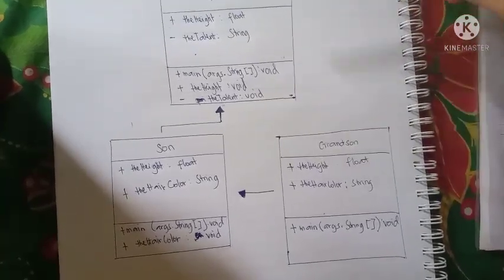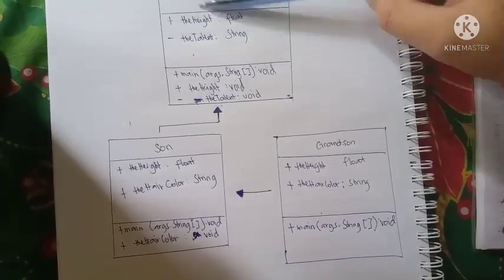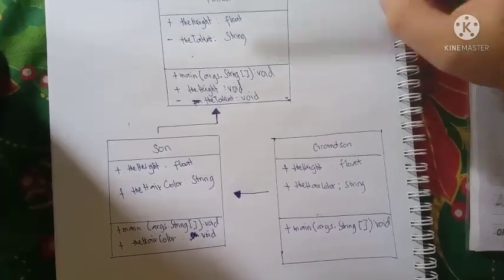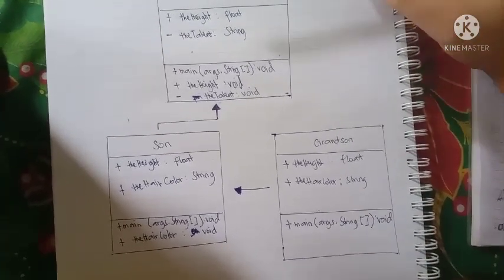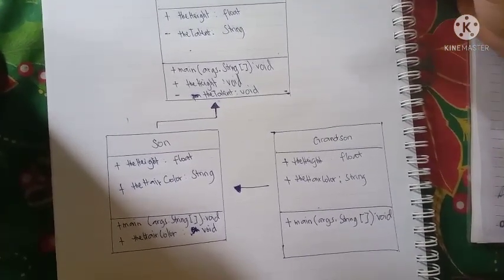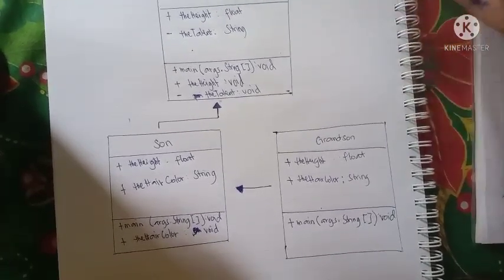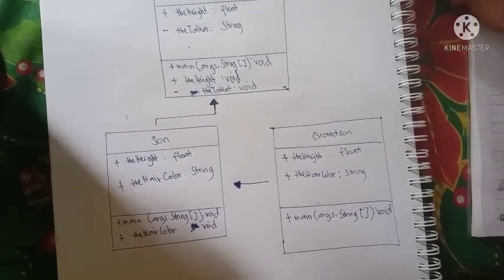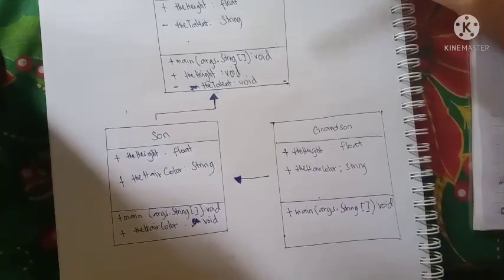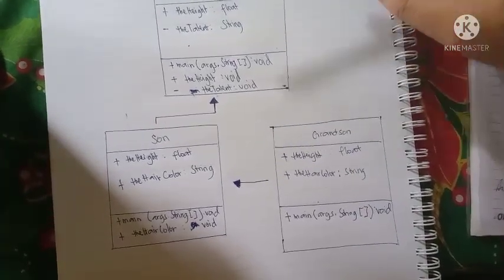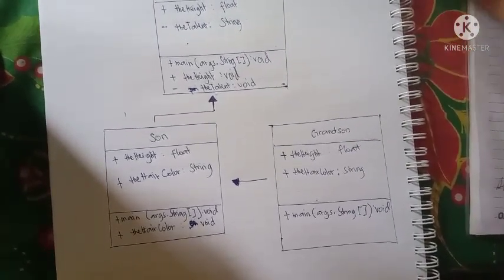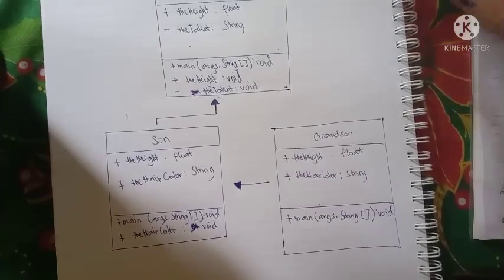So this father has attributes. The attributes contain values that describe each instance of the class, which is the father, and the field will also be called the attribute, variable, or property.